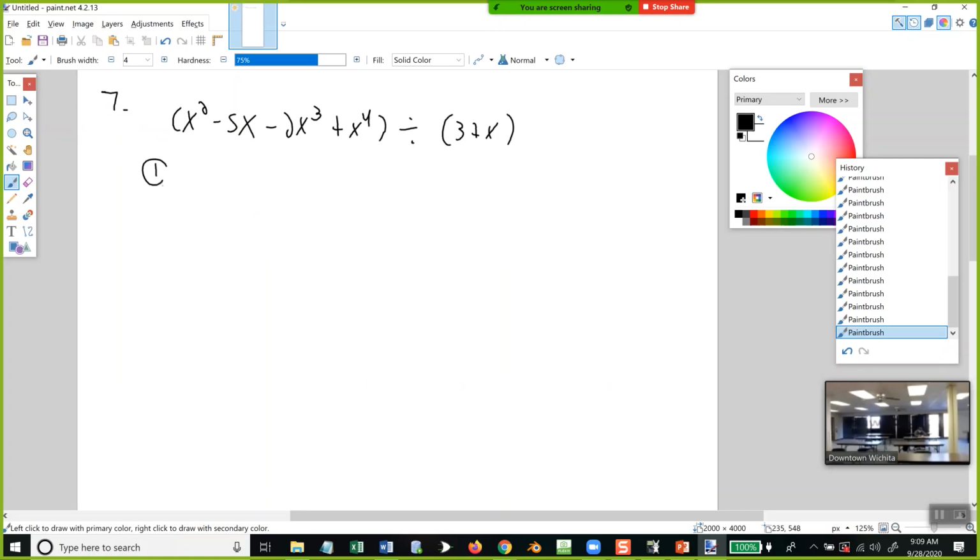Okay, first step. Take what we're dividing by, set equal to 0, and solve it. Here I take 3 over, and I get x equals negative 3.